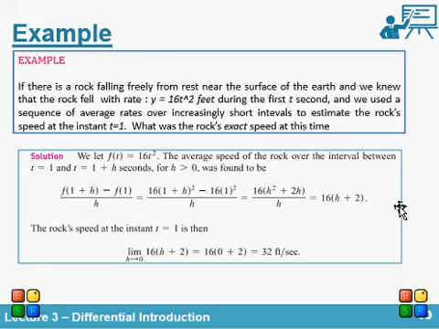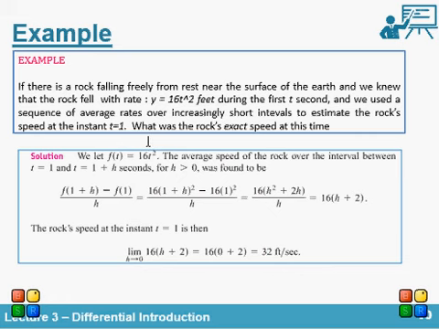The average speed of the rock over the interval between t equals 1 and t equals 1 plus h seconds, for h more than 0, was found to be like this: f(1 plus h) minus f(1), per h, equals 16 times (1 plus h) squared.